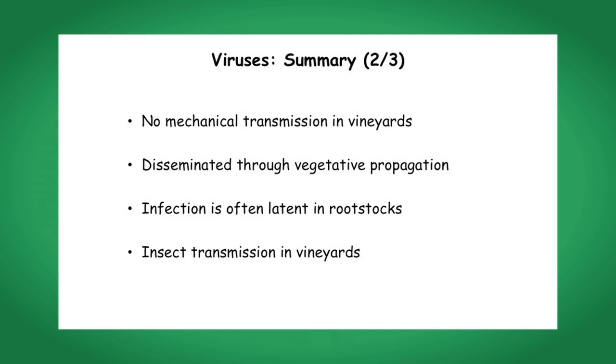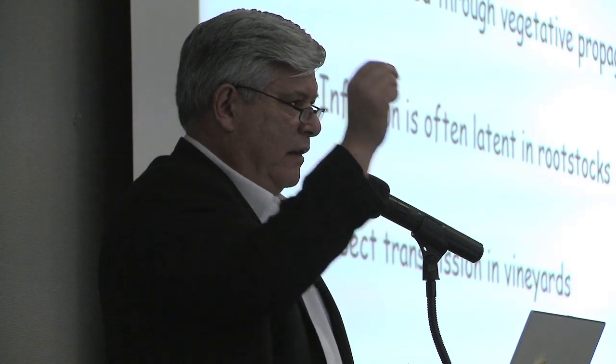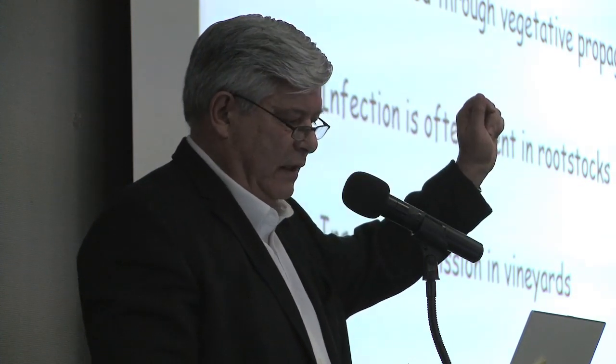This being said, to tie in with some of Ken's comments, mechanical activities in a vineyard can move the insect vectors that do carry the viruses from an infected vine to a healthy vine, or from an infected vineyard to a healthy vineyard.